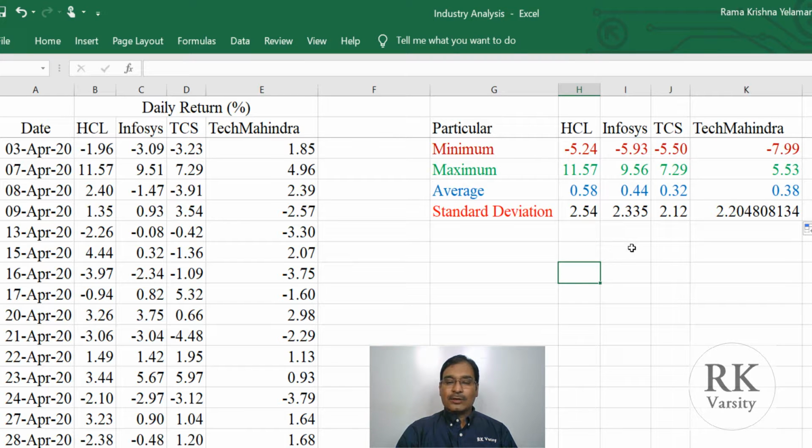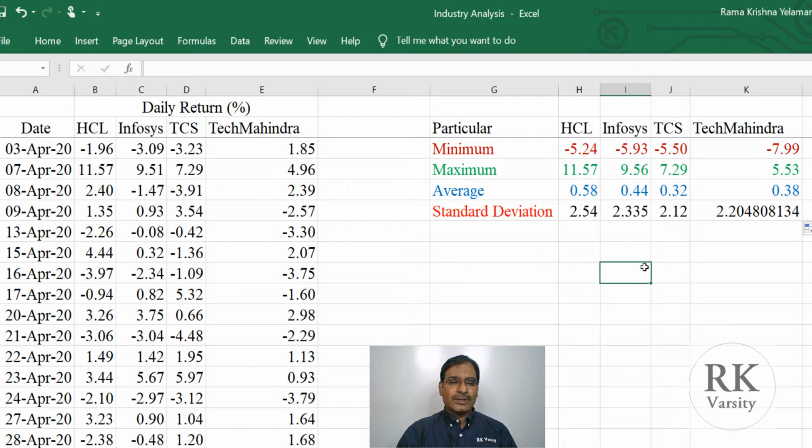And coming to the average return, HCL has a high average return, that is 0.58%, whereas TCS has a low average return, that is 0.32. So even though all the four stocks belong to the same industry, that is the information technology industry, their average returns are not the same. One has an average return of 0.58%, the other has an average return of 0.32%.